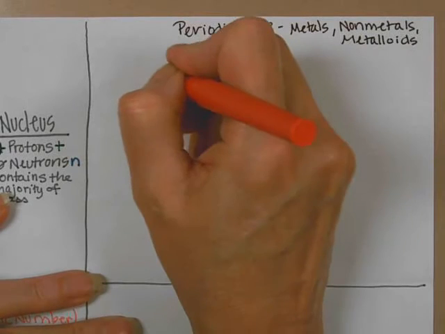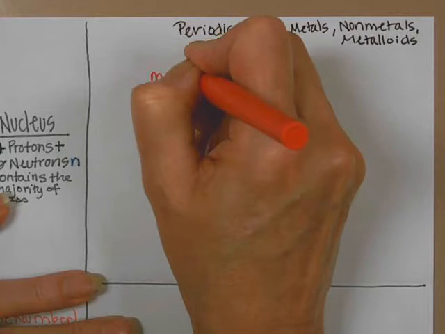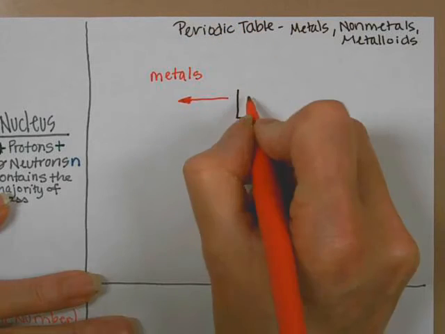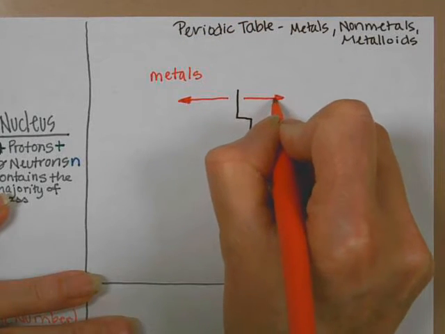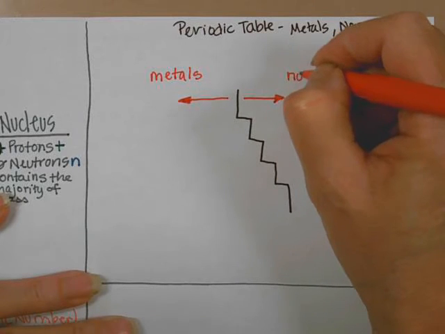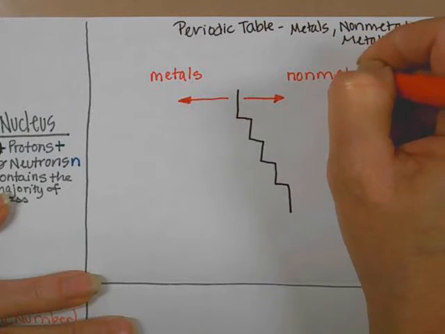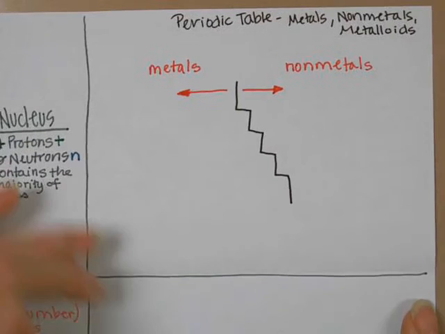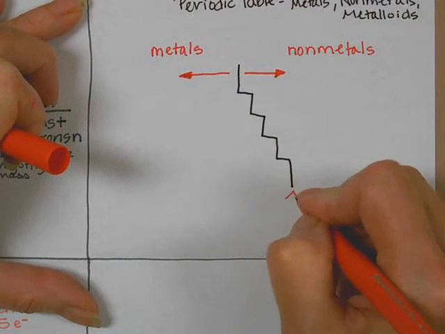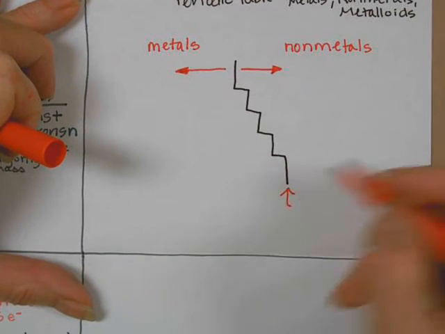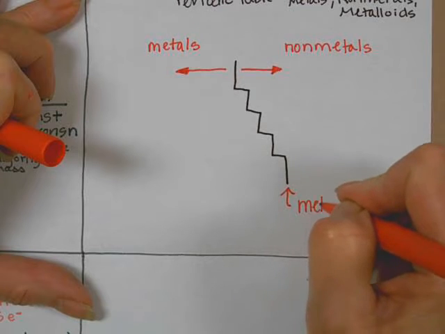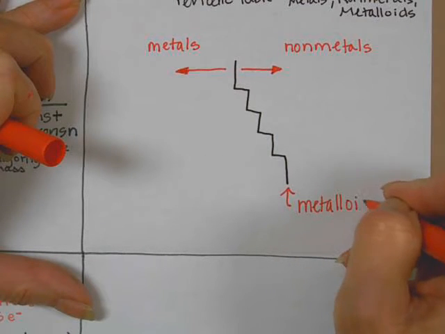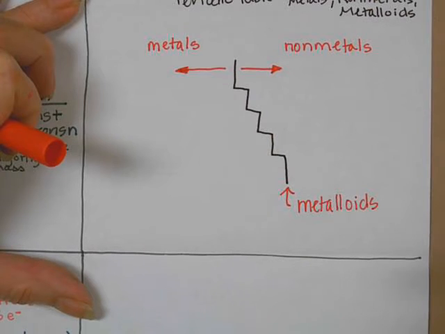The metals are on this side, and nonmetals are on this side. And the metalloids touch the stair step.